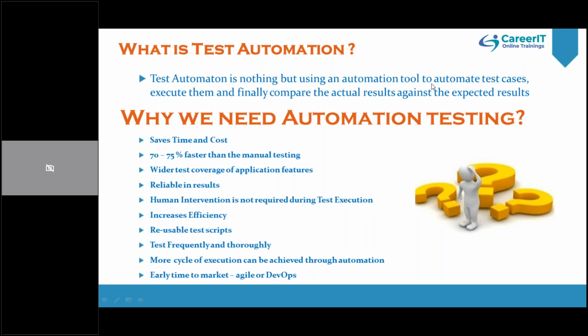Because automation testing will test your application in a very faster way, because it is, I mean, 70 to 75% faster than manual testing. So because of all these advantages, in the software testing industry, automation has become one of the most popular phases.